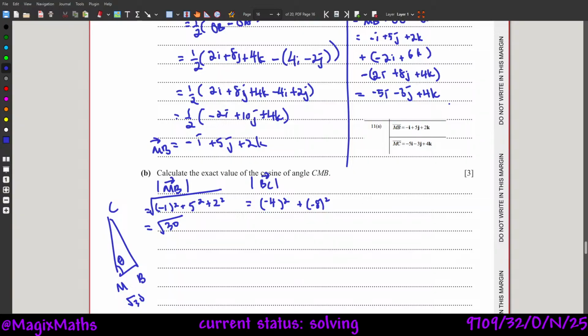Minus 8, okay, 6. 6 for 10, 10 squared. Add that up. So I have 16 plus 64 plus 100. Add it up is 635.